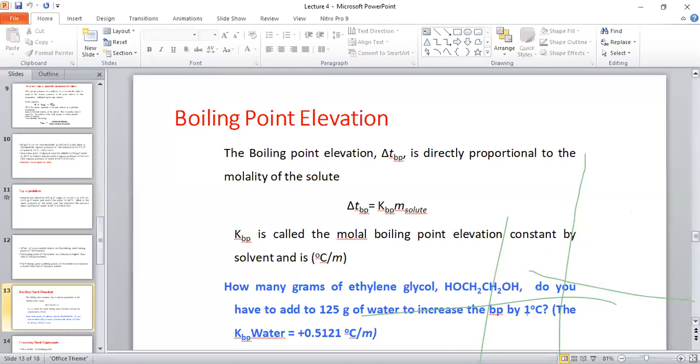So it's different. Now let's look at the boiling point elevation, which is called molar boiling point elevation.